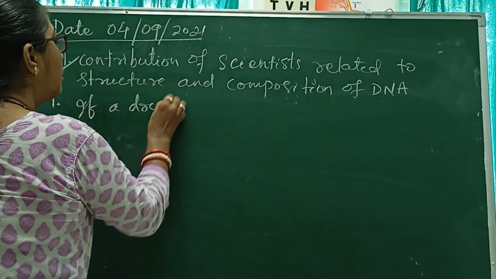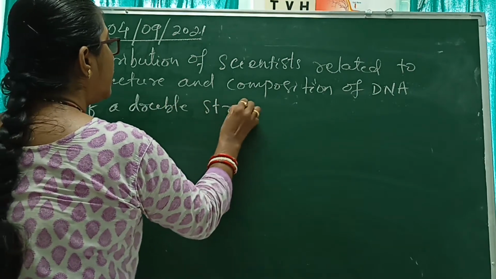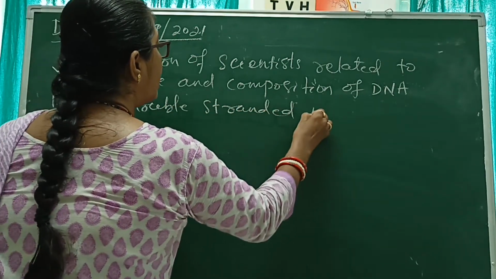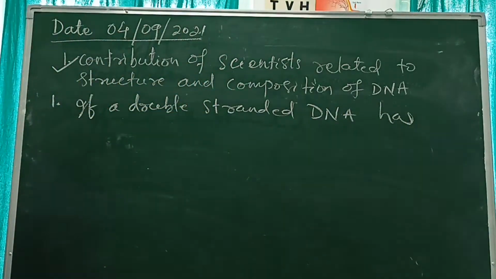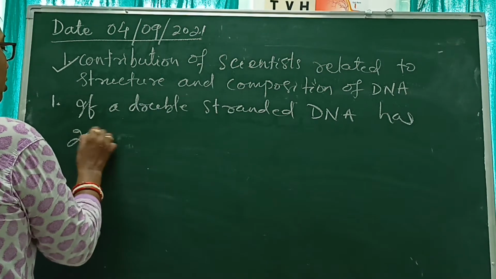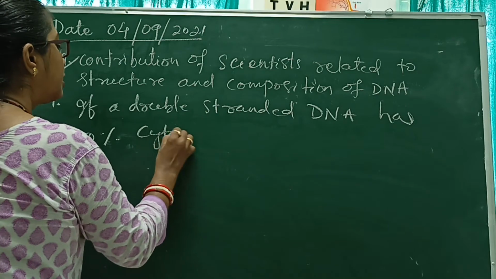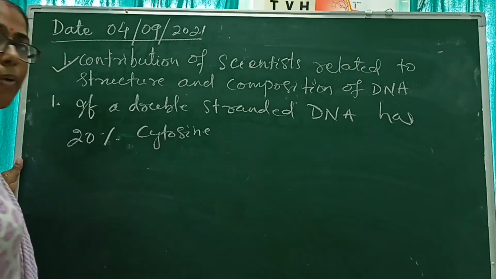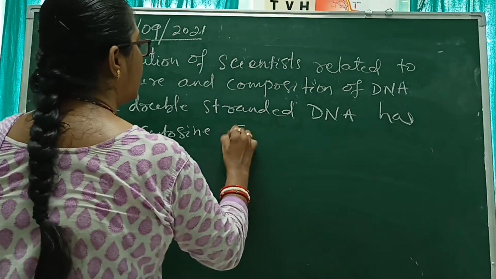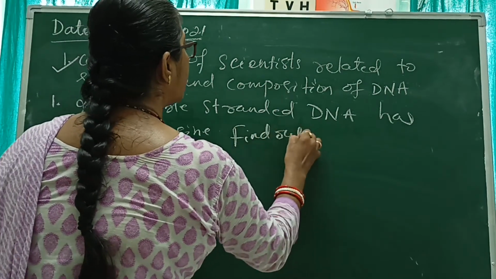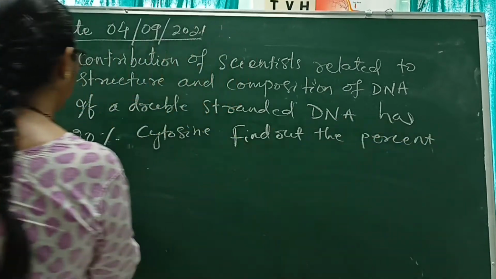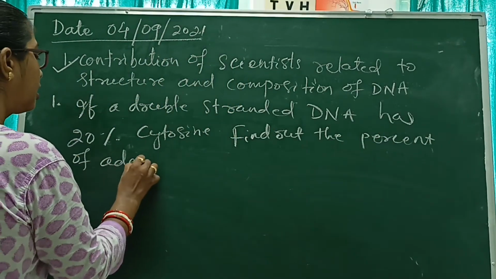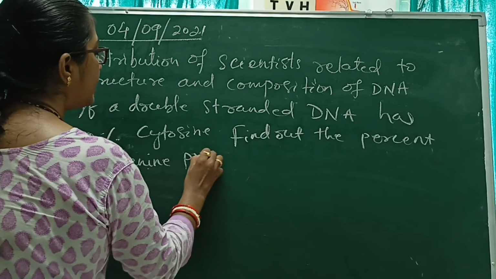If a double-stranded DNA has 20% cytosine, find out the percent of adenine present in it.